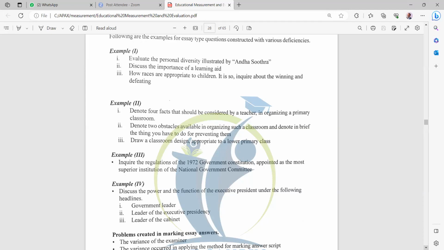And you see a third type example, inquire the regulations of the 1972 government constitution, appointed as the most superior institution of the National Government Committee. So when they say inquire, we don't know in which form we should give the result of inquiring. You can just mentally inquire and form an answer within it, or are they requesting written answers?